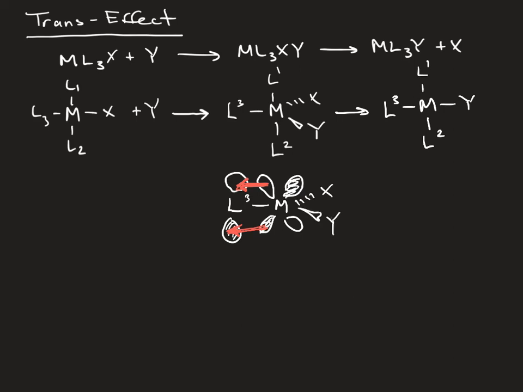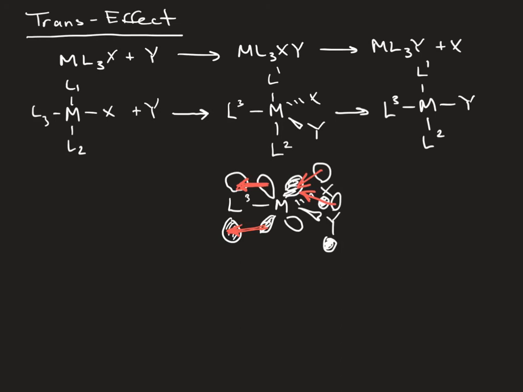You have these X ligands that are here. And if these are pi donating ligands, they can donate electron density into that now deficient metal d-type orbital. So it's this electron withdrawing effect here coupled with this electron donating effect here that's keeping the X and the Y ligands in this equatorial plane.